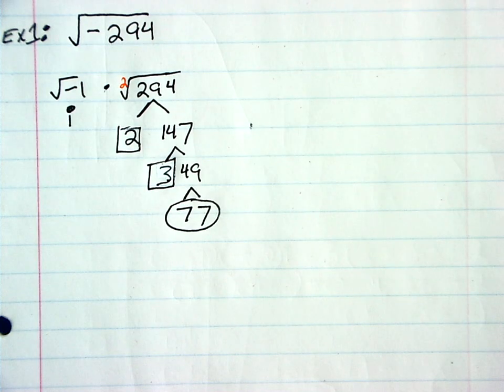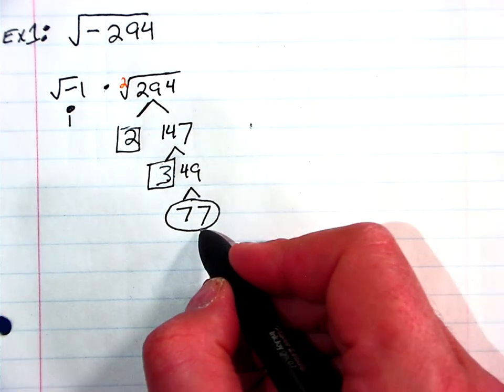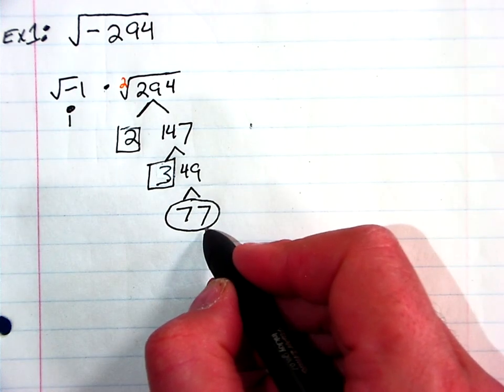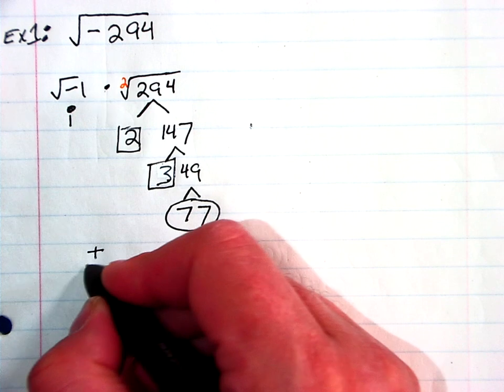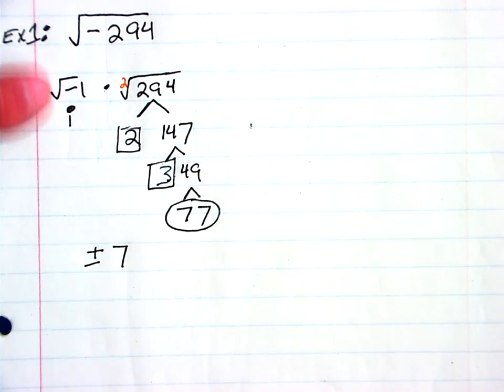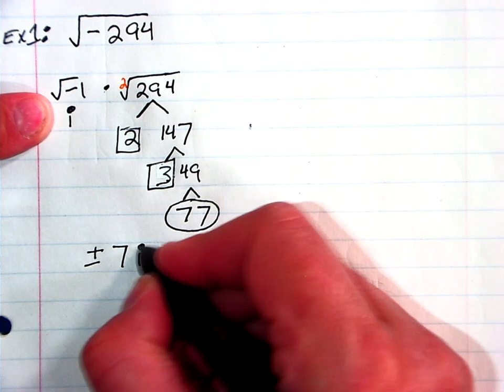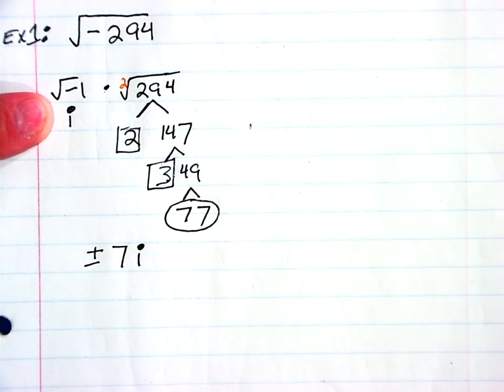All right, so let's see who gets out. The 7 had a twin, so it gets out. So remember, it's plus or minus 7. Did the negative 1 get out of jail? Did it get out of the radical? When it turned into an i, it did. The caterpillar turned into a butterfly and flew away.